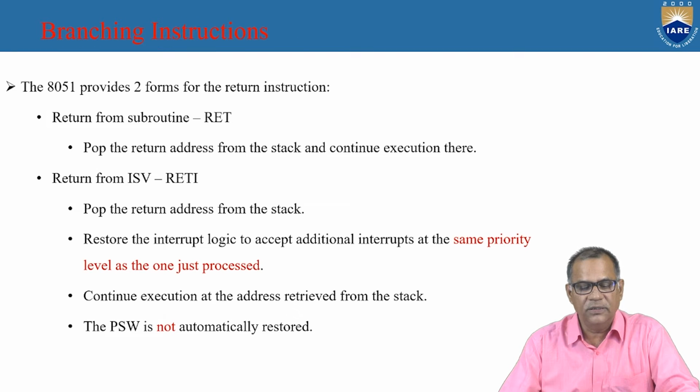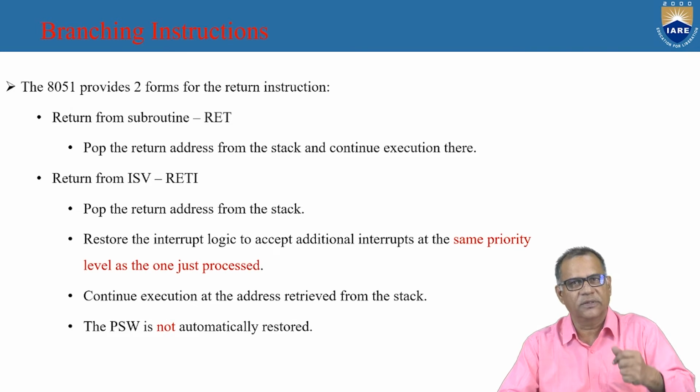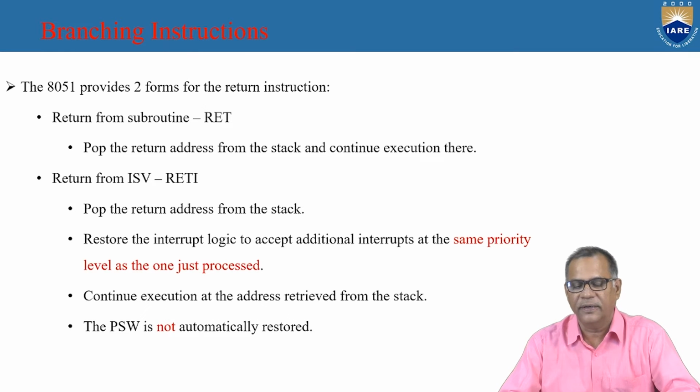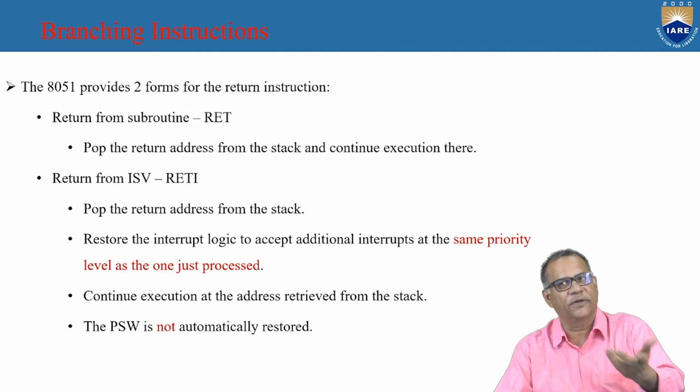And the 8051 provides 2 forms of the return instruction. One is returning from a subroutine, and another is returning from an interrupt. When we return from a subroutine, pop the return address from the stack and continue the execution from there.